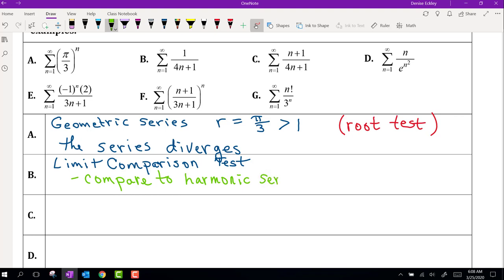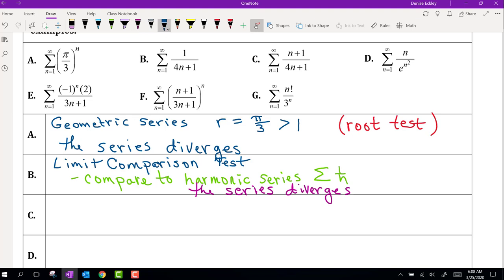And since the harmonic series diverges, this would diverge as well. So we could say that this series diverges, because it would be bounded by that divergent series. So you can say very quickly that letter B diverges.